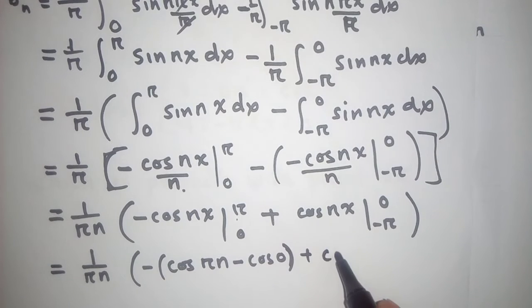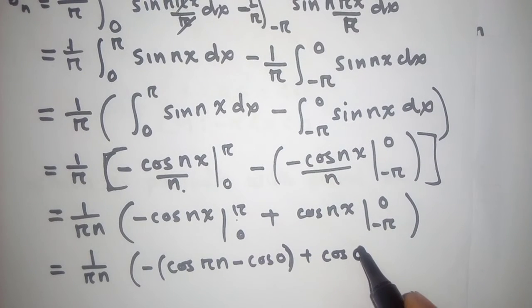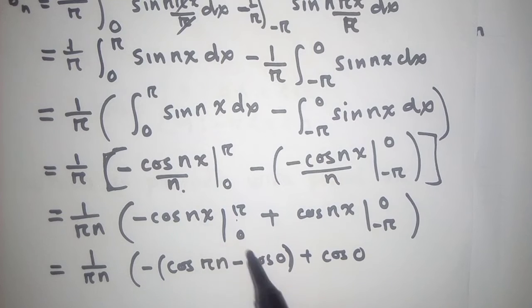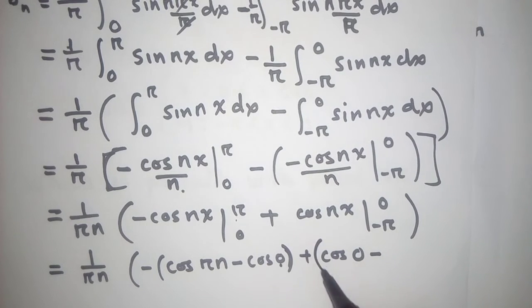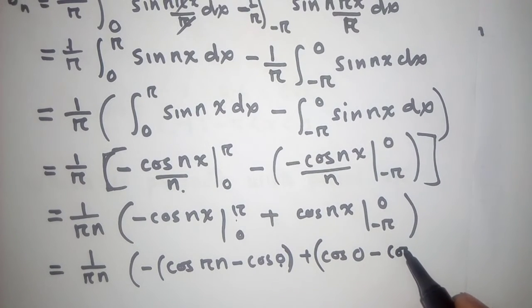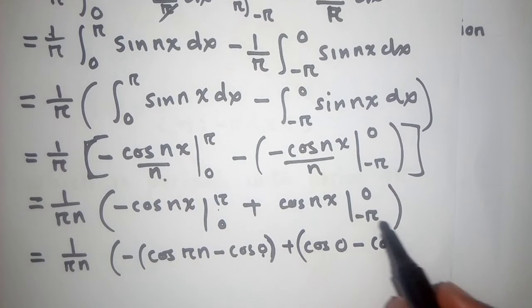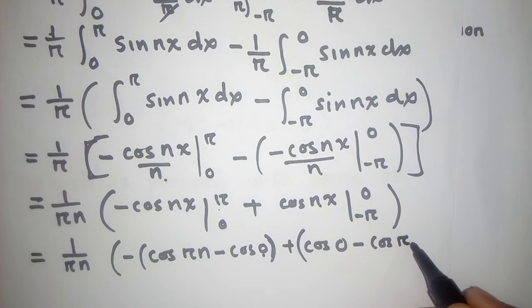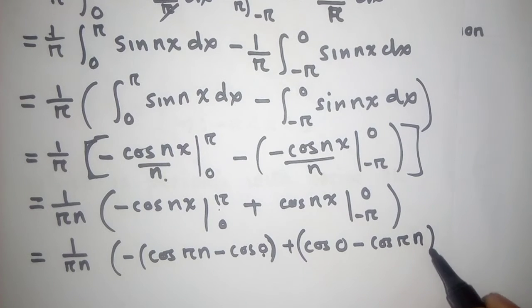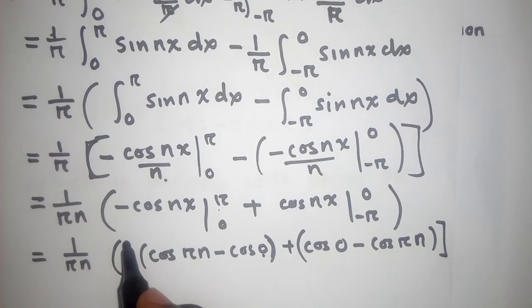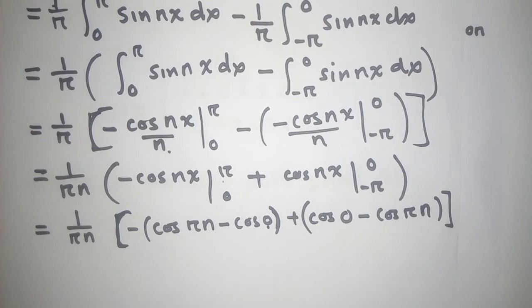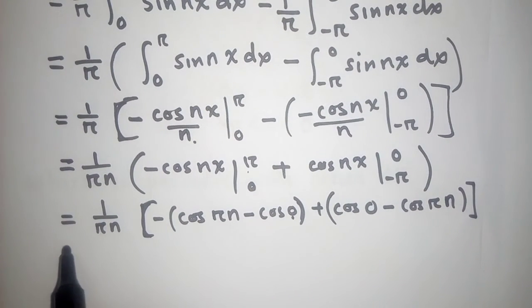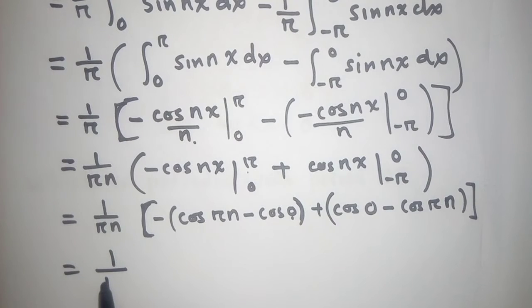Here you can say plus the upper limit is 0. When we put a 0 here, it will just be 0 like this, and here it will be 0 like this, minus here we have cos, of course, pi n. Okay, so we can clean up our work. We have 1 over pi n.